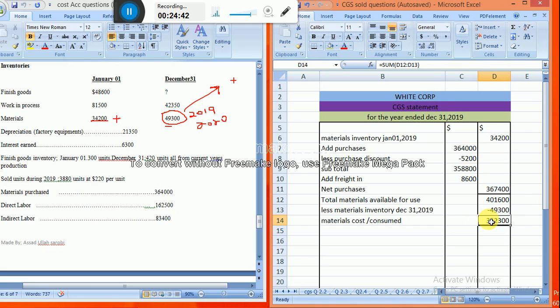It shows that during the year we used the 3,52,300 materials. This is the exact figure of the material consumed during the year 2019. Clear now?